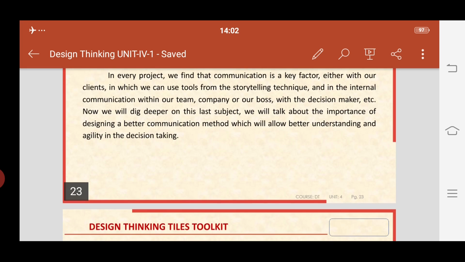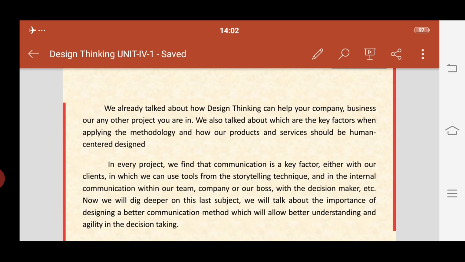In every project we find that communication is a key factor. Communication skills is not a topic which can be taught in isolation, but always in the context of a particular situation.